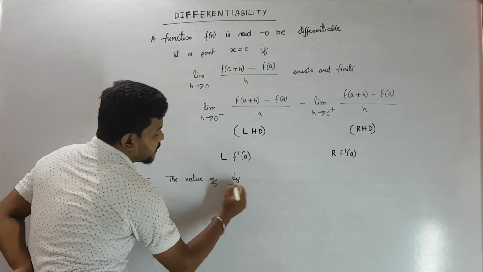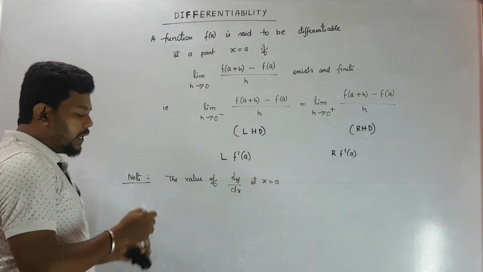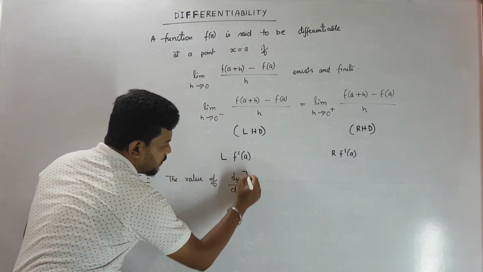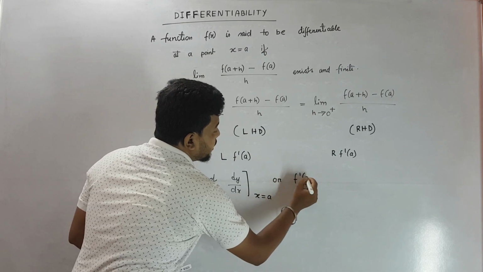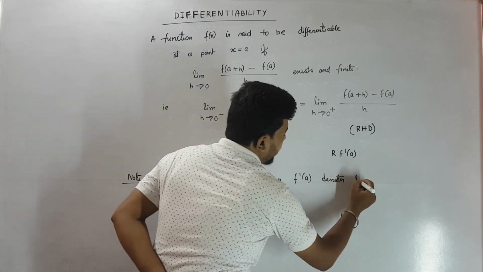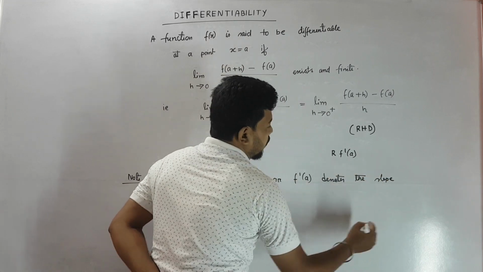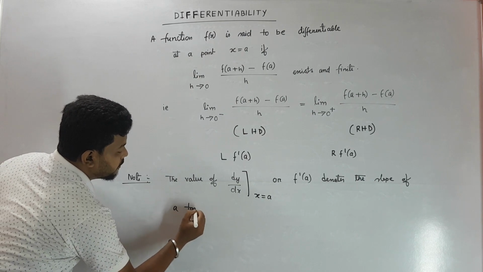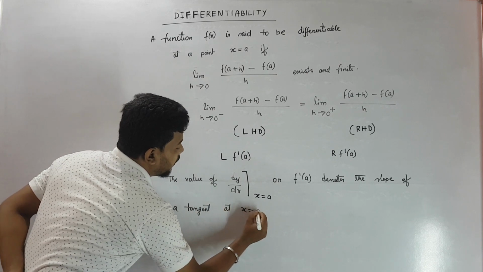We can write this as the value of dy by dx at x equal to a, or the value of f dash a, denotes the slope of a tangent at x equal to a.